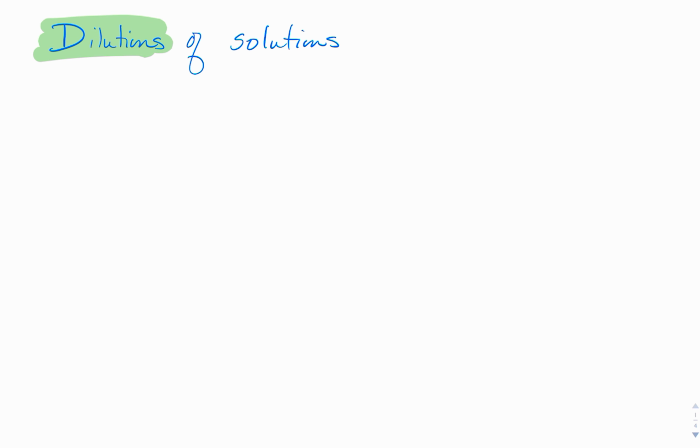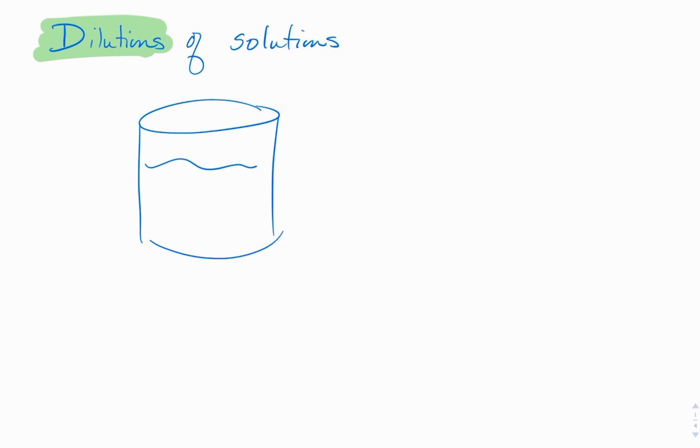Essentially, how this works is, say you have a solution in a beaker, a 1.0 molar solution of nitric acid, and you happen to have, say, 500 milliliters of it.